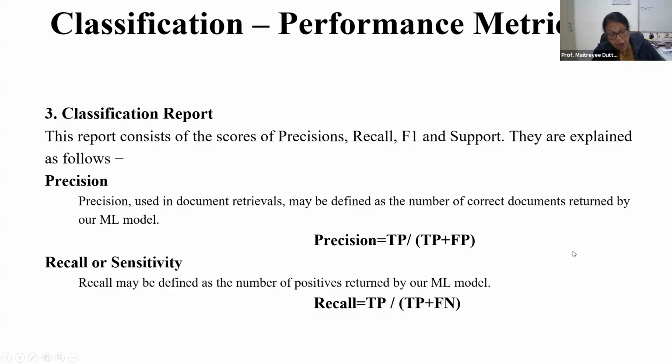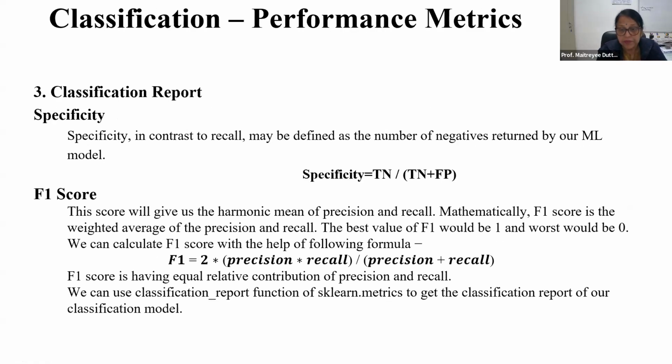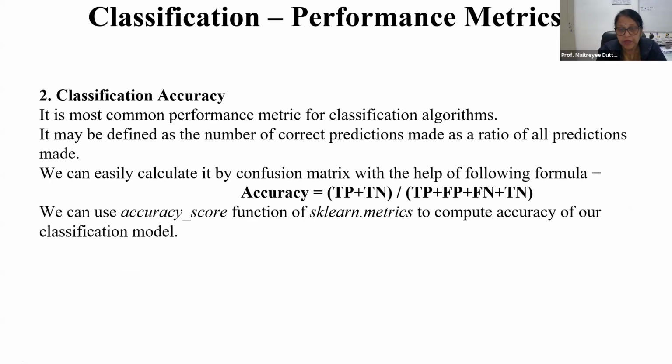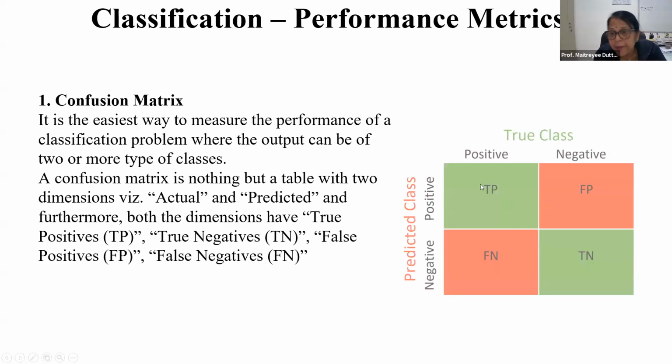Recall is, out of all the actual positive values, that means true positive and false negative, how many positives is the model giving, right? So that is recall, TP divided by TP plus FN.